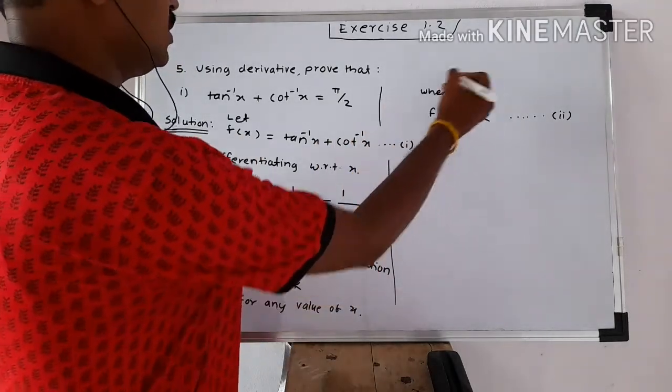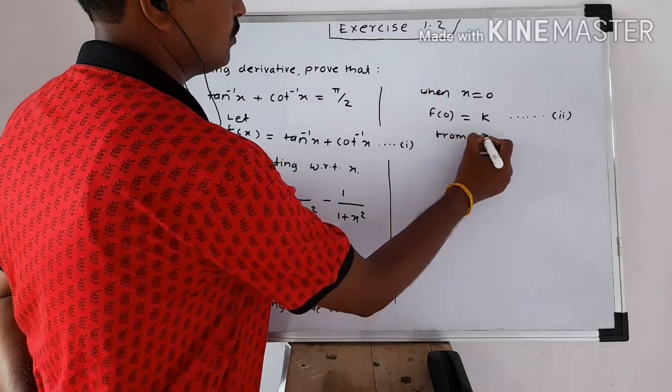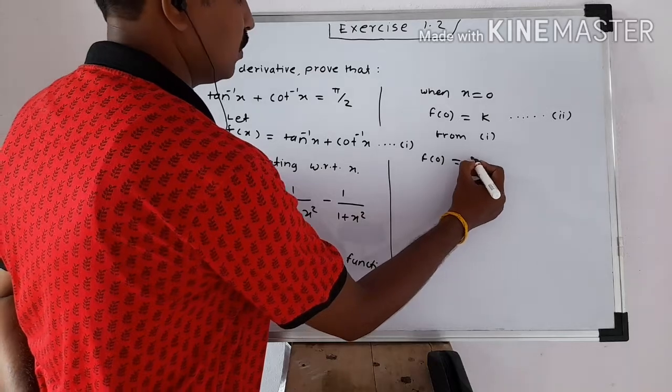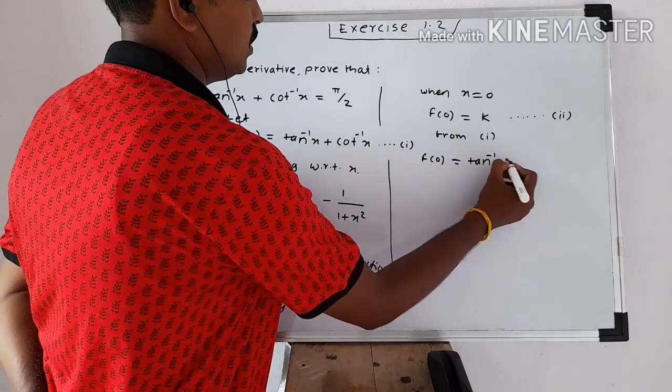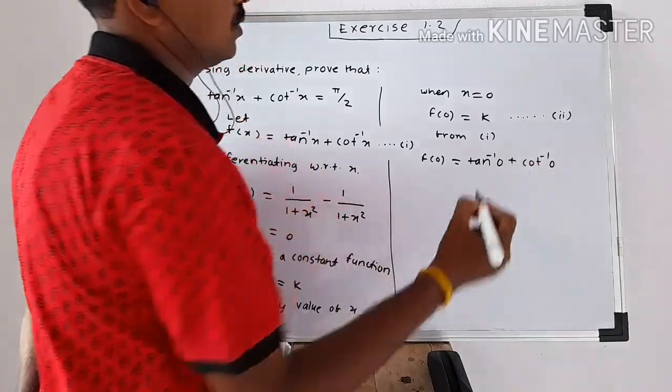Now we will substitute this value 0 in equation 1. Therefore from equation 1, f of 0 equal to tan inverse of 0 plus cot inverse of 0.